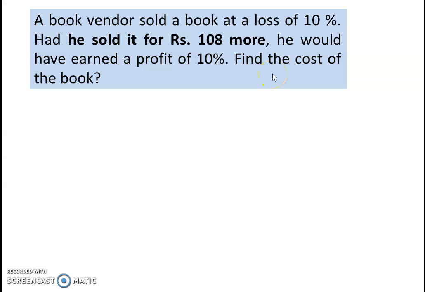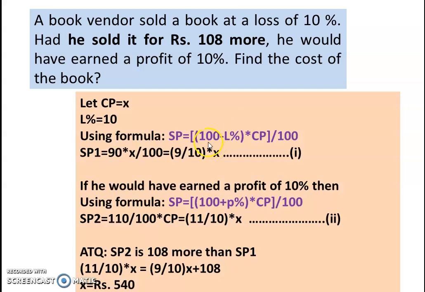So we will assume the cost of the book to be X. Now the book vendor sold a book at a loss of 10%. So when CP is X and loss percentage is 10%, we can calculate the selling price. To calculate selling price, we have formula (100 minus loss percentage) into CP divided by 100.